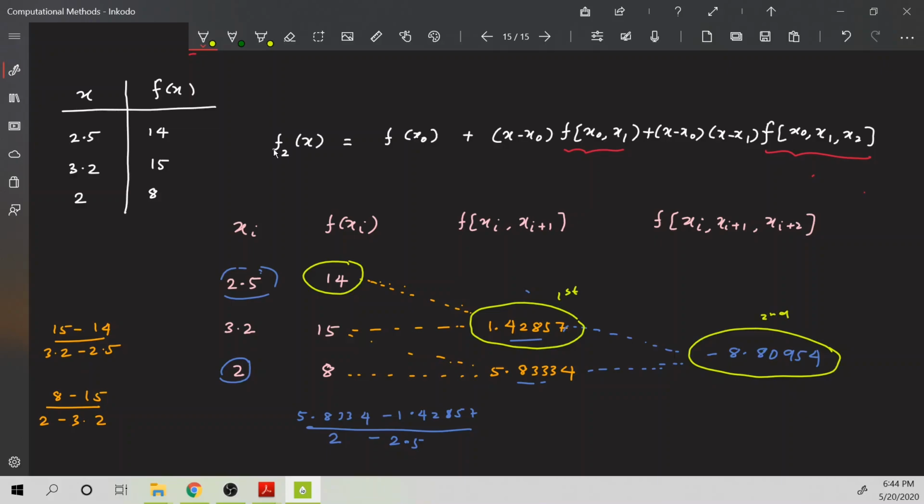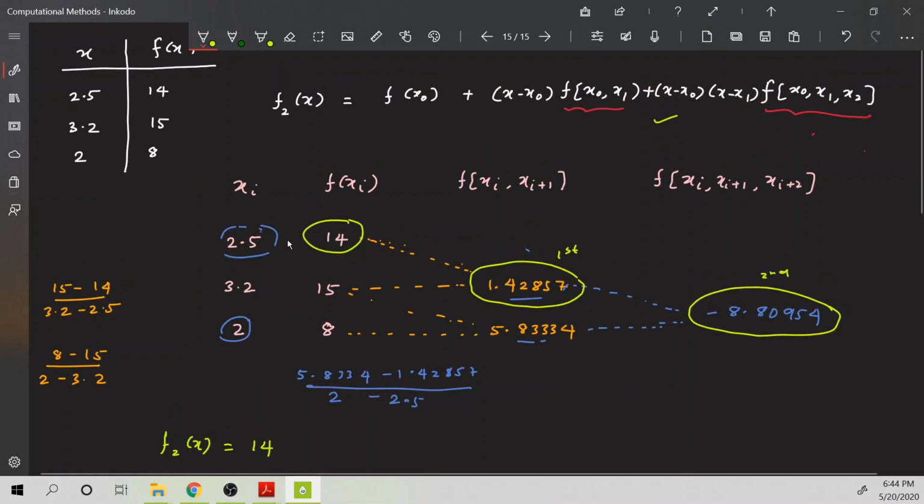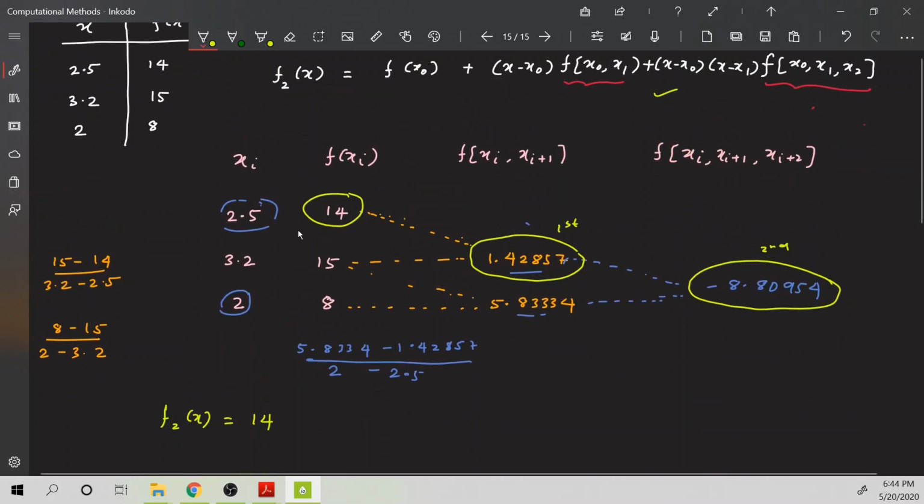Now what you are going to do is substitute these values in this equation. So that comes out to be f2(x) equals f(x0), which is 14, you can see it's written already, plus, what is the value of x0? 2.5. What is the first divided difference?